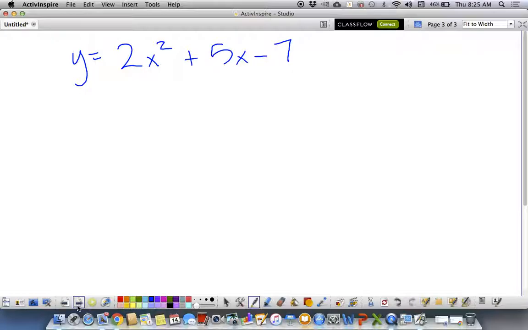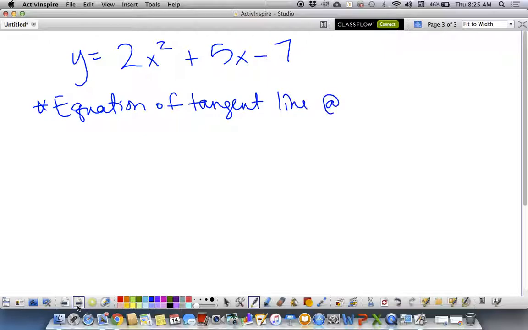Okay, so I want you to write the equation of the tangent line at x equals 2.